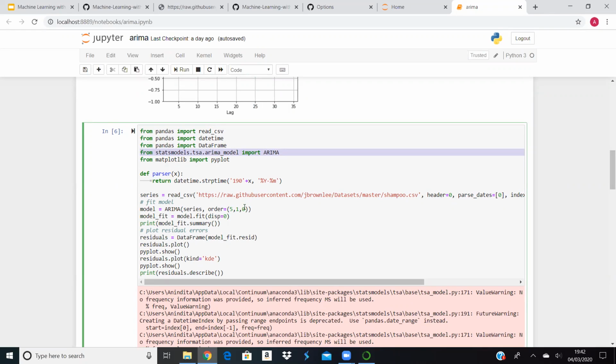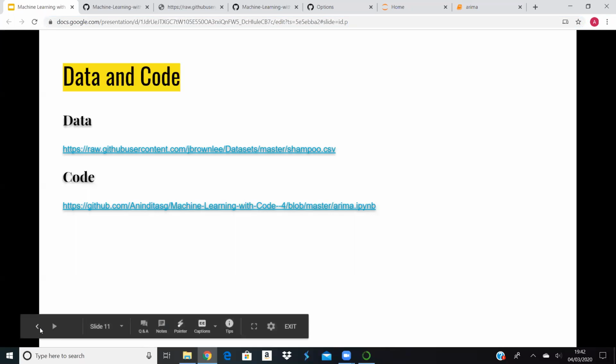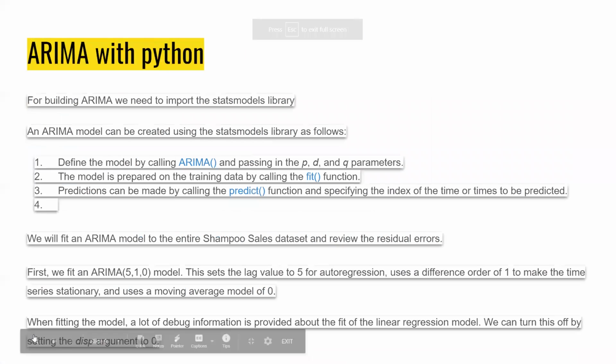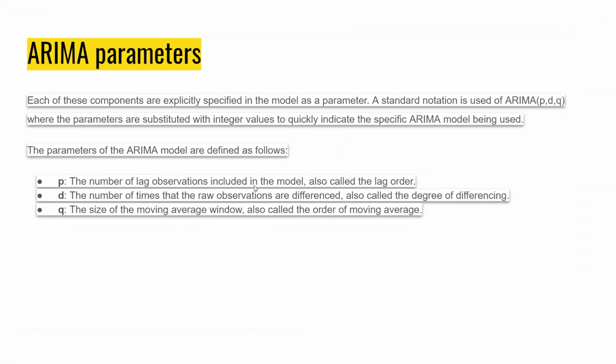Here is where we have explained the parameters P, D, and Q. The first is the number of lag observations included in the model. That is the number of observations we are going to include to find out the pattern.